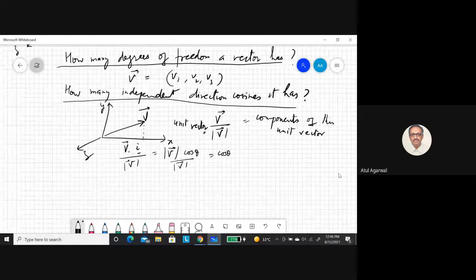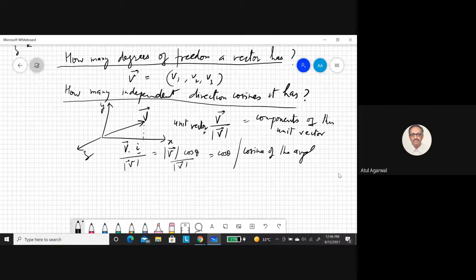So it shows cosine of the angle between the vector and coordinate axis. You can always find the angle between these two lines. You have any two lines in space, you can find the angle between them.